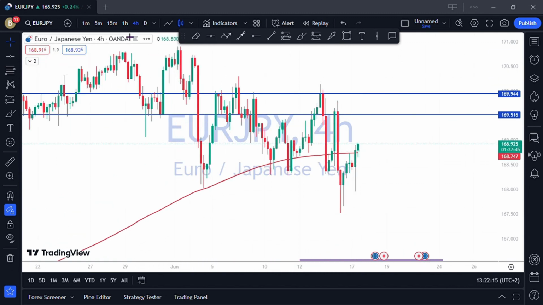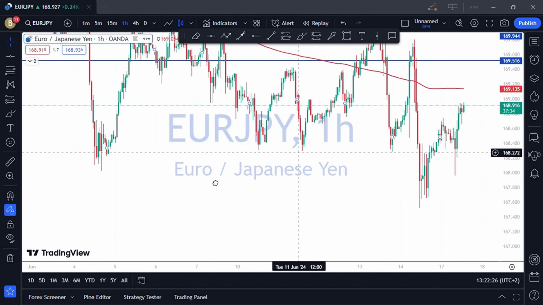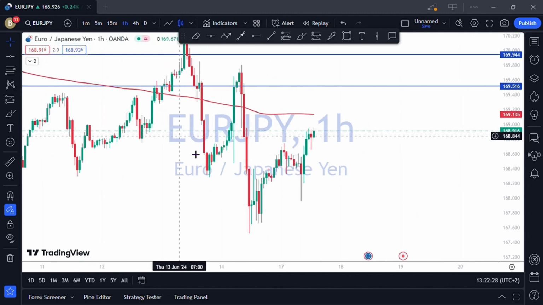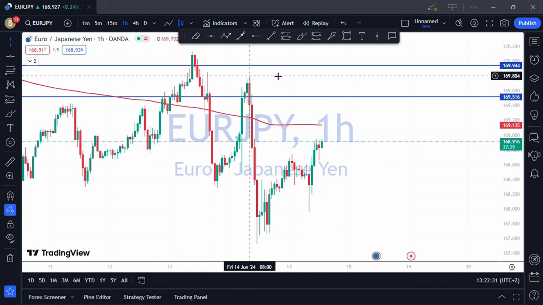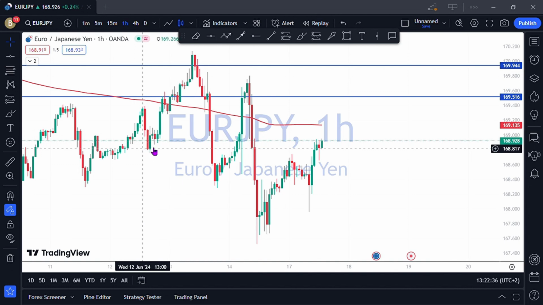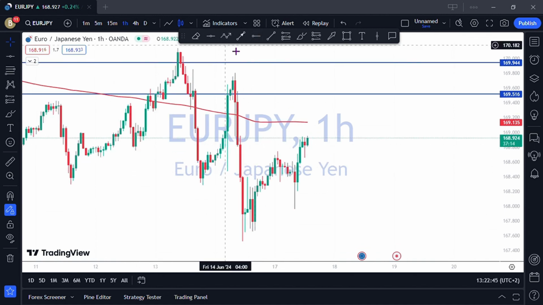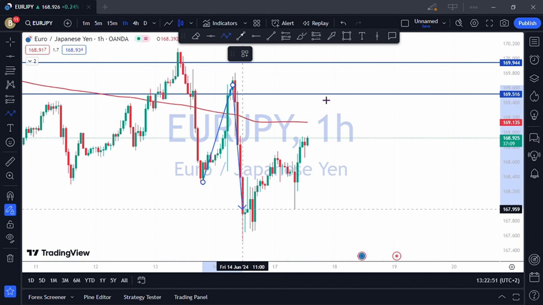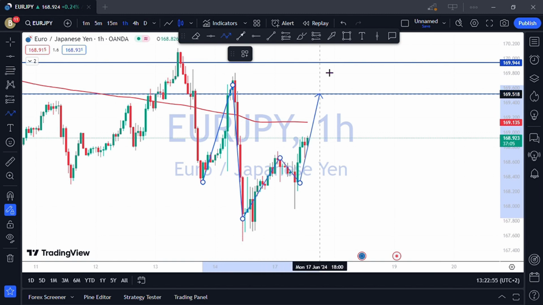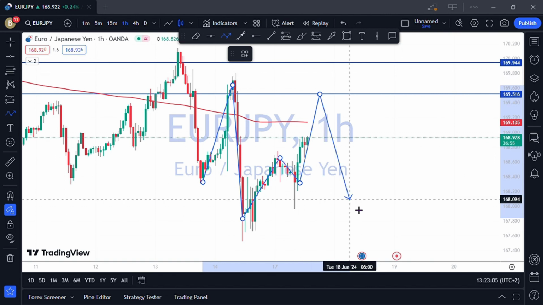So let's go to a lower time frame. As you can see, right in this area is an area of resistance, correct? And then we have this area right here, which has been broken. Price is still pushing up. So what we are waiting for is price to come into this area, or in the box, or in this zone, and then go down.